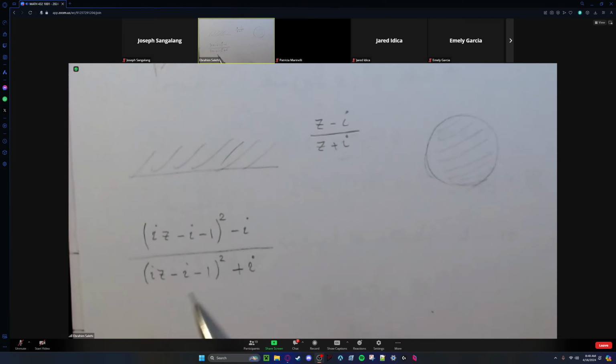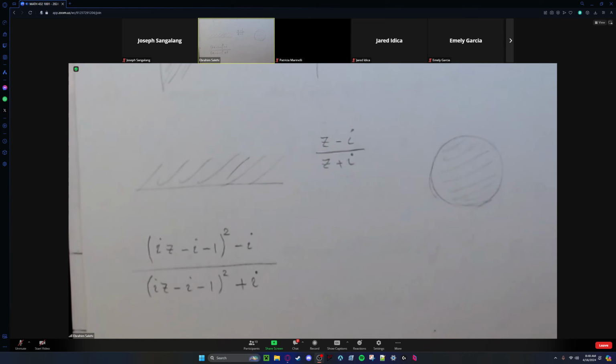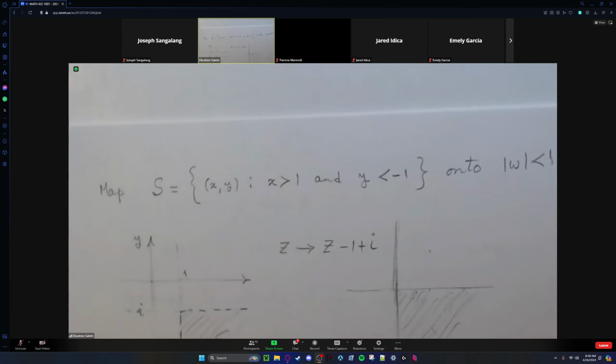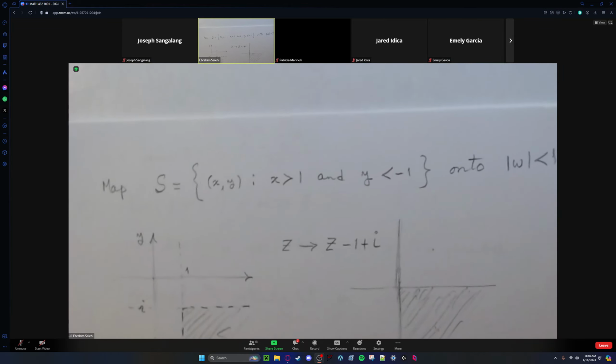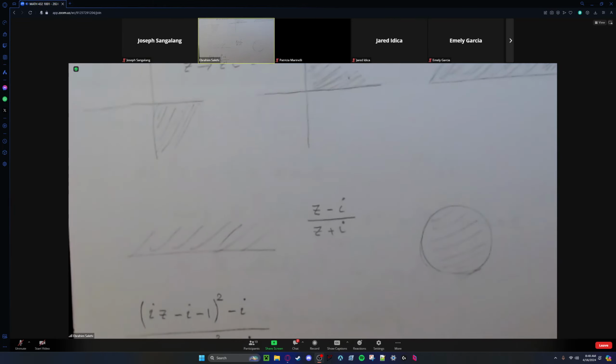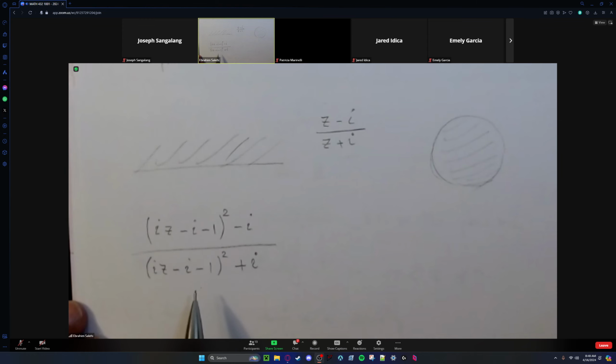Now, of course, you can go ahead and, if you want, multiply it out and simplify it. But as far as I'm concerned, if in your test you just produce this one, that's perfectly fine. Okay? Any comment, any question?